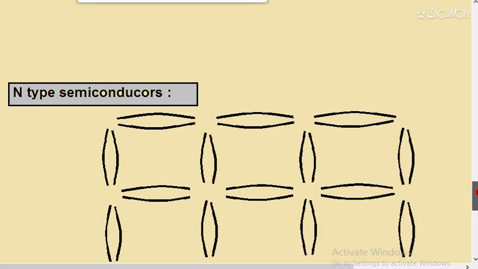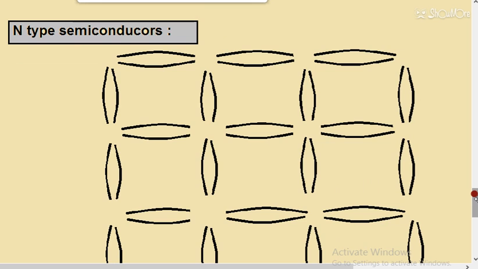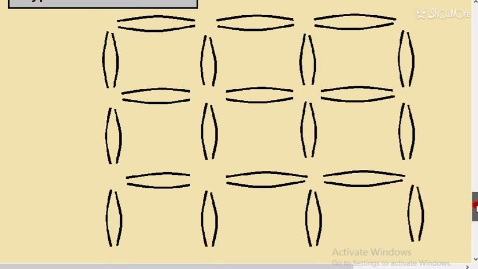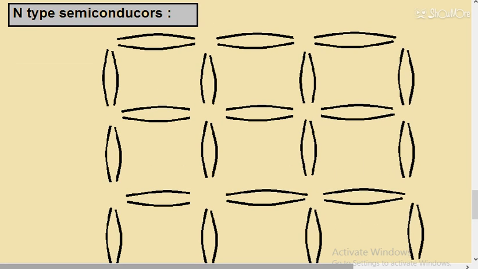After that we will see the difference between intrinsic and extrinsic, as well as P type and N type. So now we have to see N type semiconductor. Okay, now you can see, this is silicon.